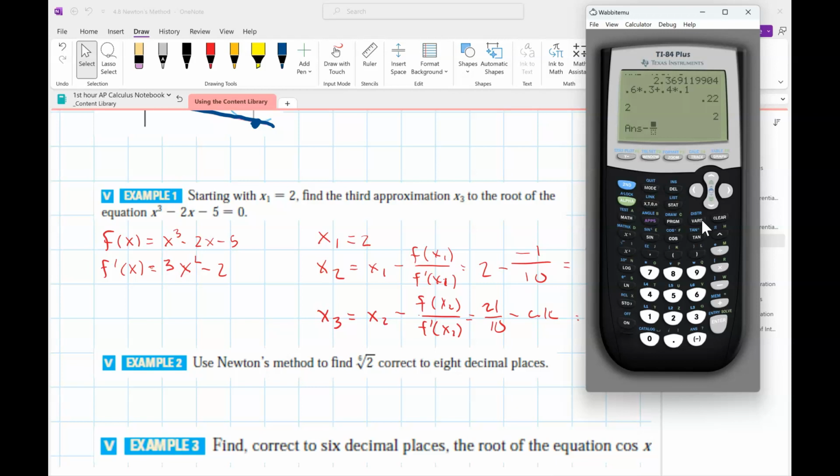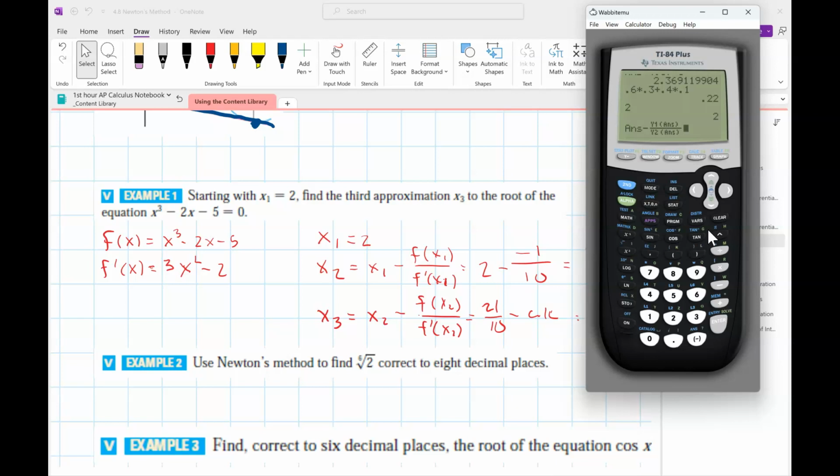And I'm going to do y1 of, so I'm going to do vars, y vars, function, y1 of ans, divided by, I'm going to do vars, y vars, function, y2 of ans. So this is just the formula, right? Is everybody okay so far?